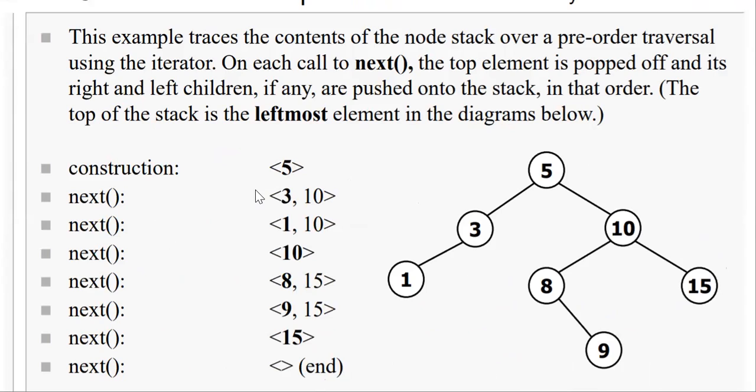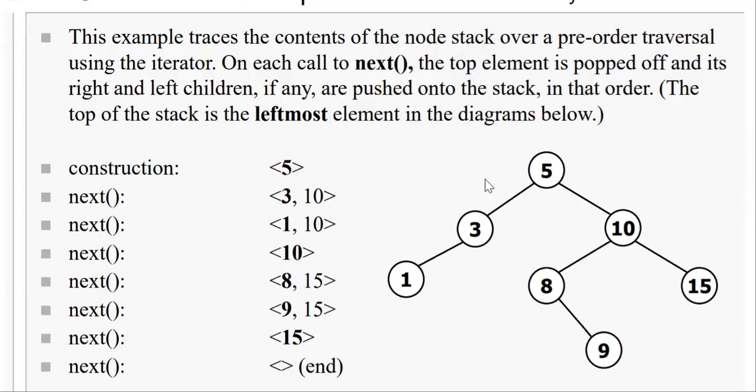The top element is popped initially, then we construct the element as 5, so the root node is denoted as 5. Then with the next-of function, we insert two values, 3 and 10.